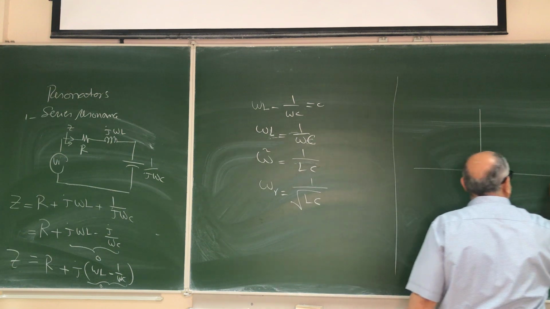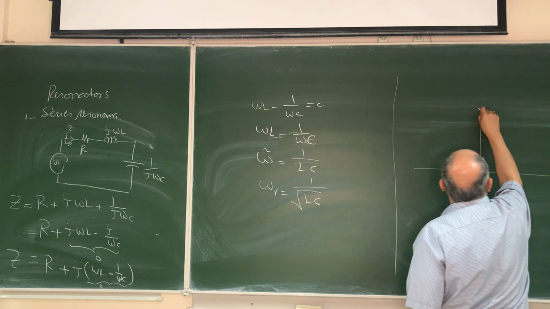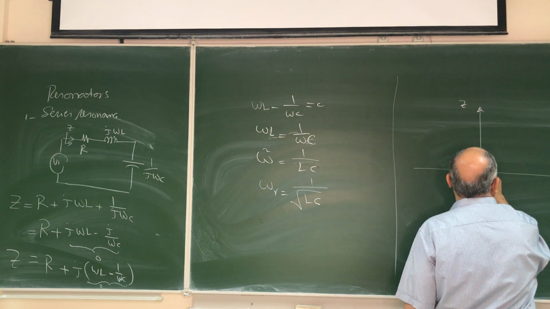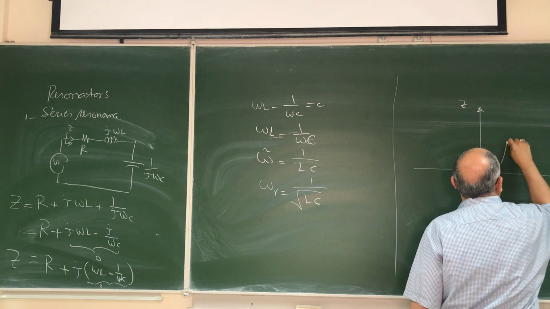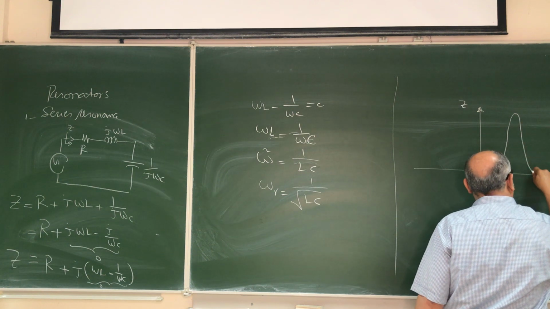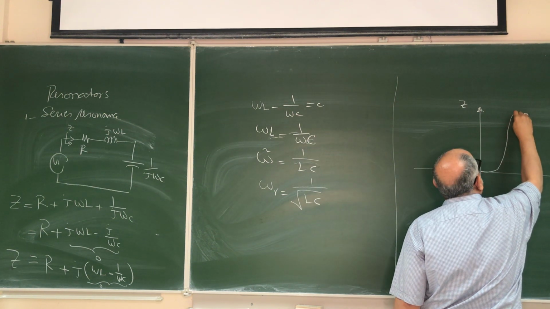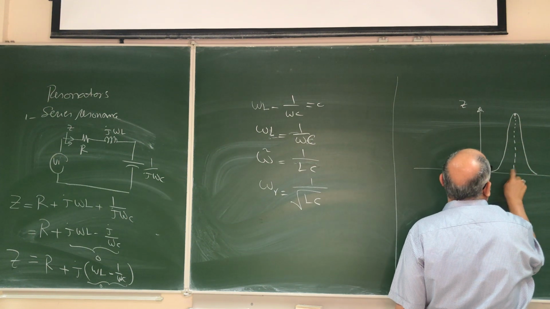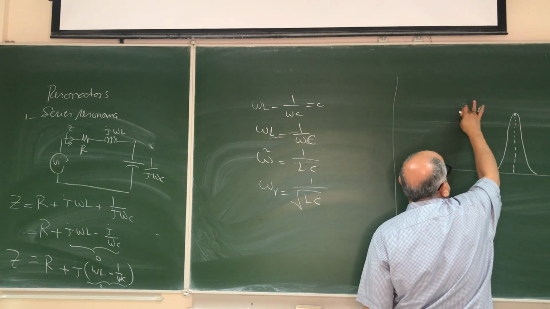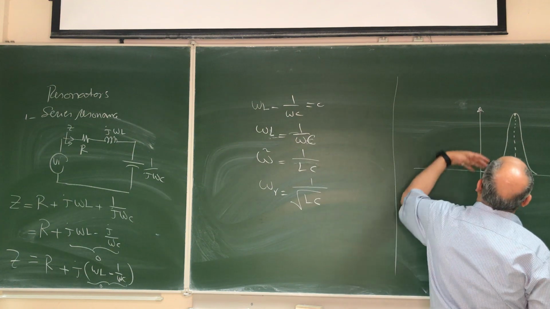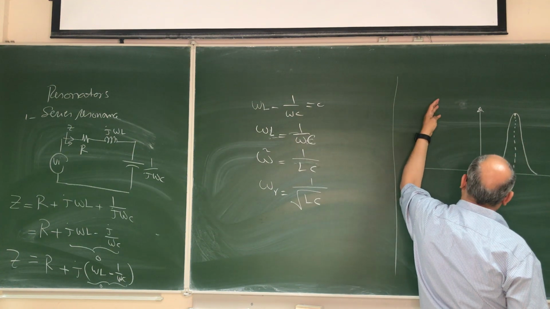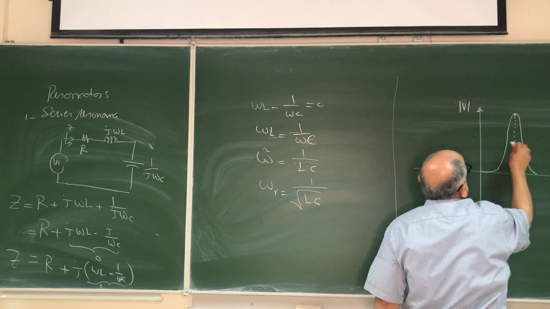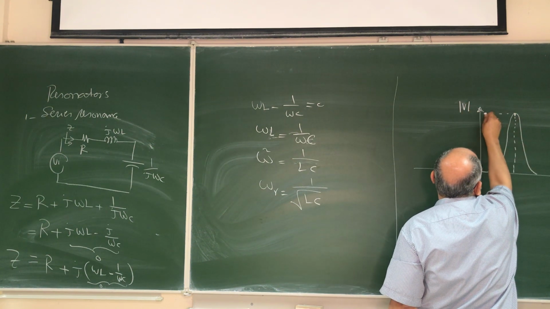If we sketch the frequency response, let's say for Z, then we have something like this. This here will be your center frequency. Usually we can express this in terms of voltage, which is I times R. This is the magnitude of the voltage, and this is the maximum, so this will be V max.